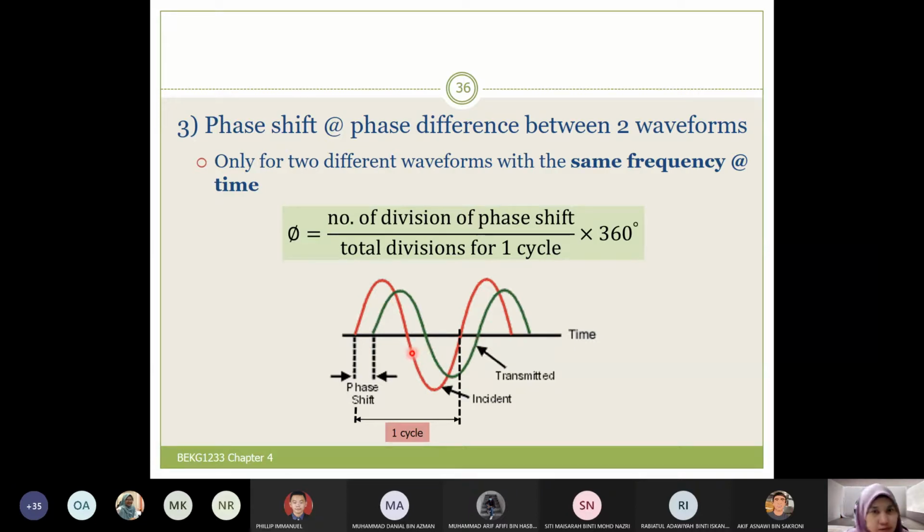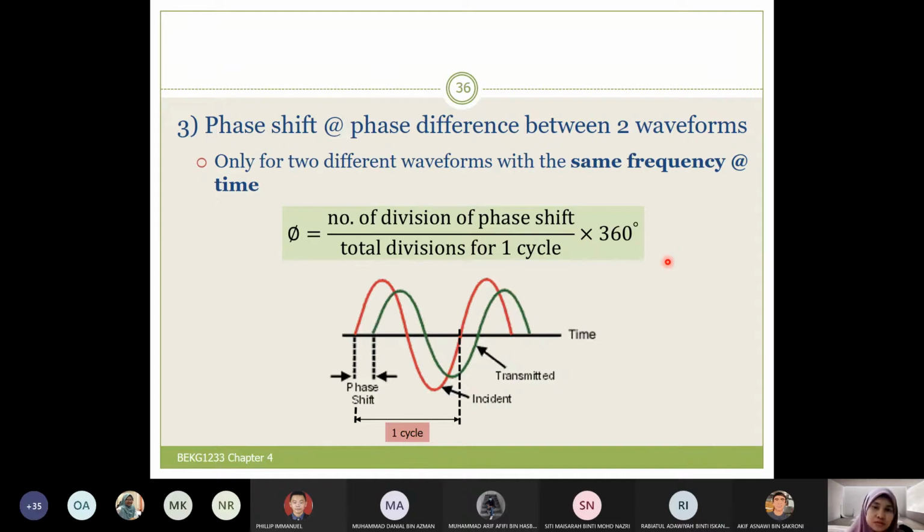Then we can have the phase difference or phase shift. The phase shift is equal to the number of divisions of phase shift divided by the total divisions for one cycle, multiplied by 360, so we will get the degree.